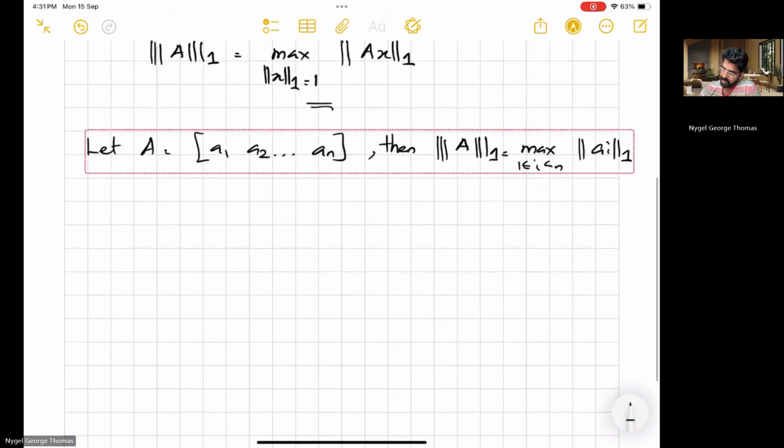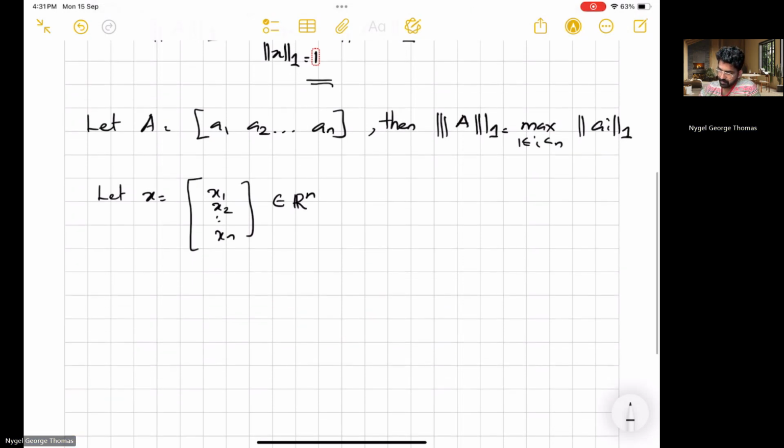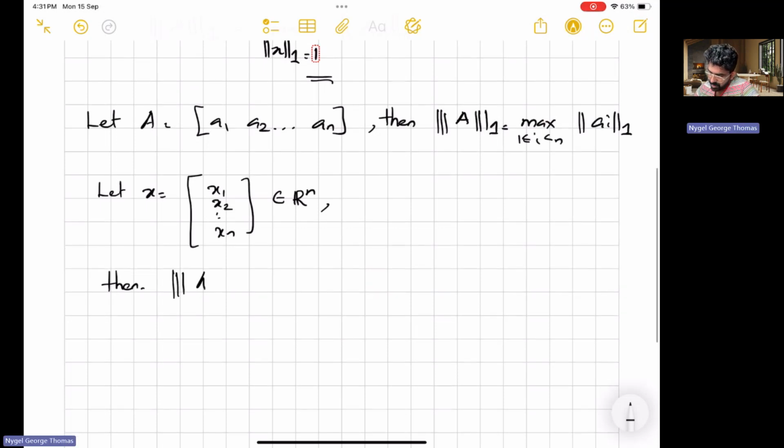Okay. Now let x equal to x1, x2, etc., xn, which belongs to R^n. Then what is the norm of Ax by this definition?